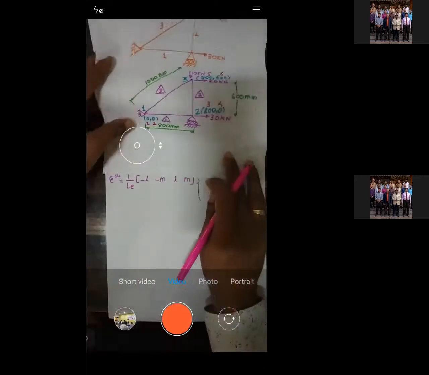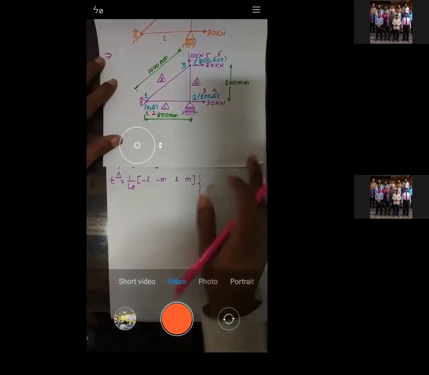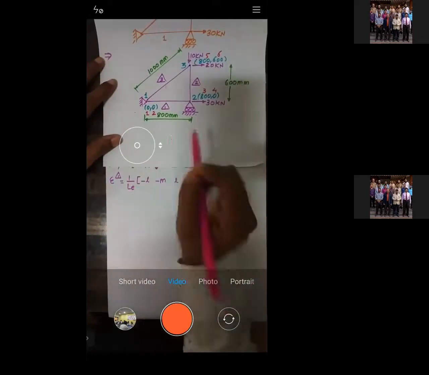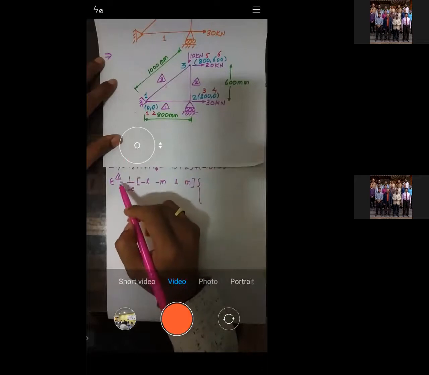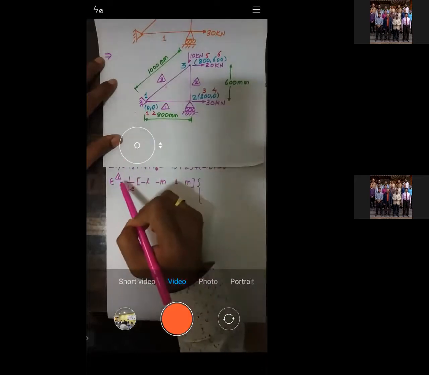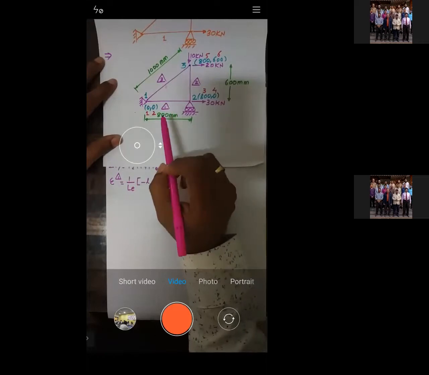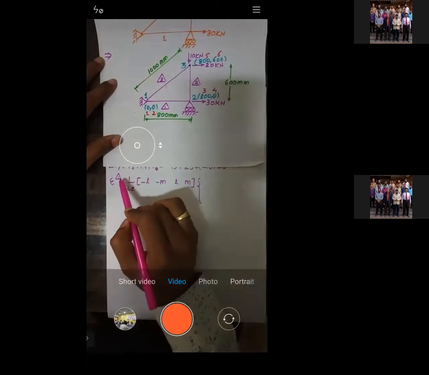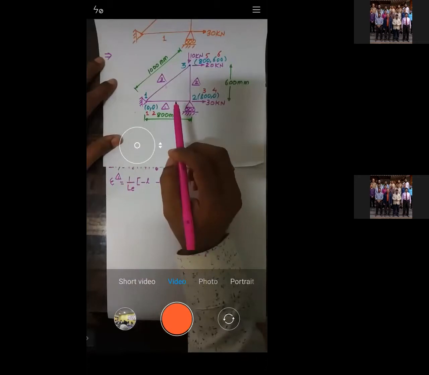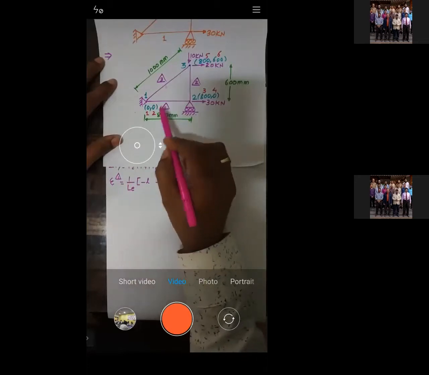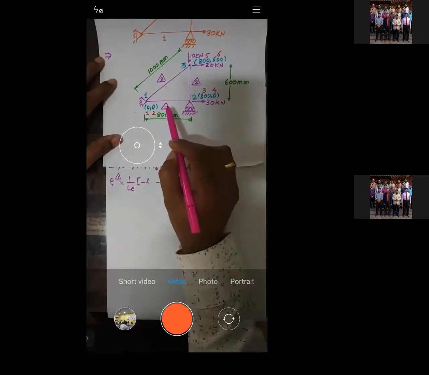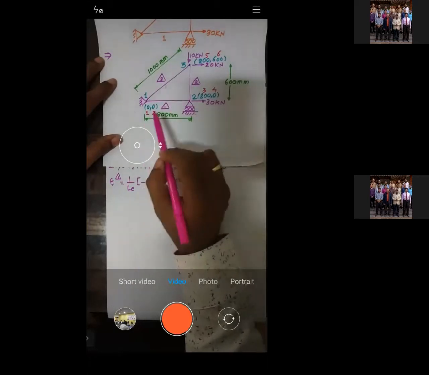We need to write down the displacements which are associated with element number 1. Element number 1 is associated with 2 nodes, that is 1 and 2.